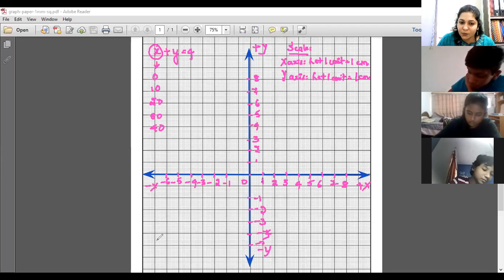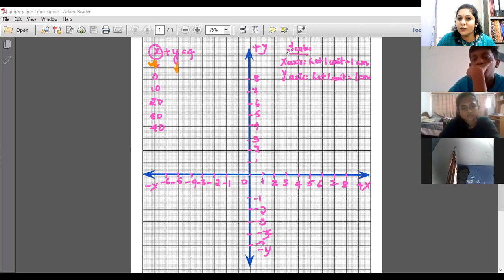One suggestion: whenever you are choosing the values for x and writing the scale, listen carefully once. Very important thing. Whenever you are choosing the values for x, so that you can calculate the value of y, and when you are writing the scale, always make sure the numbers you are choosing are at equal intervals.